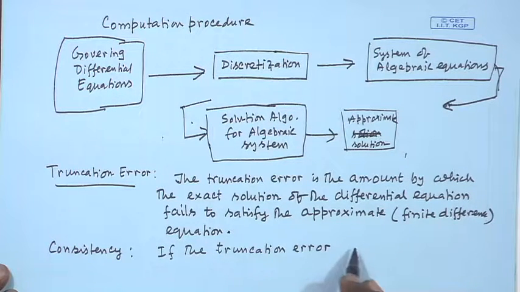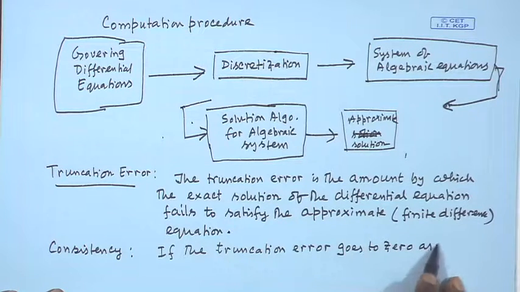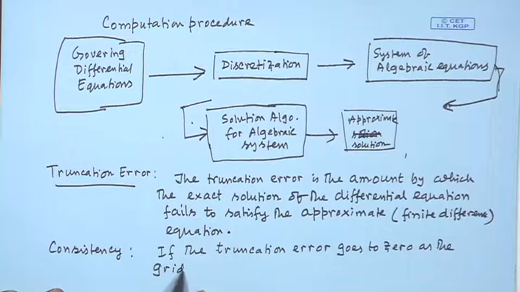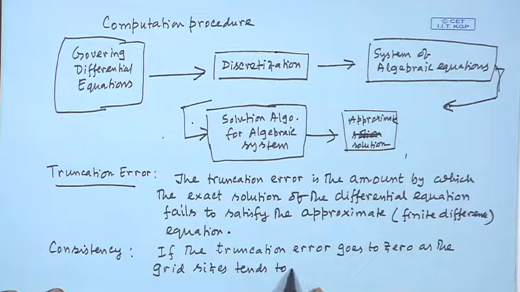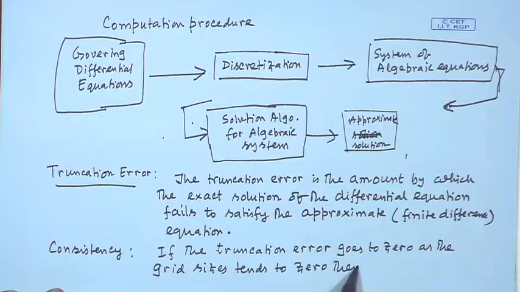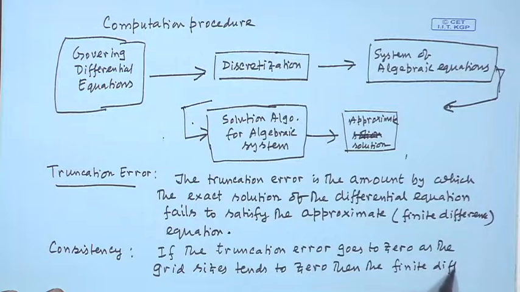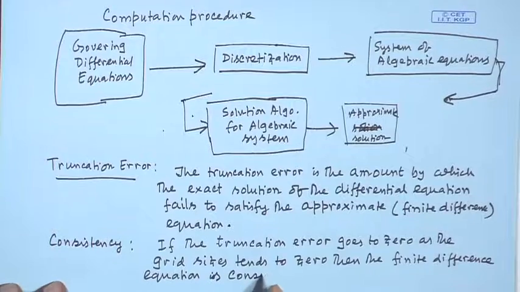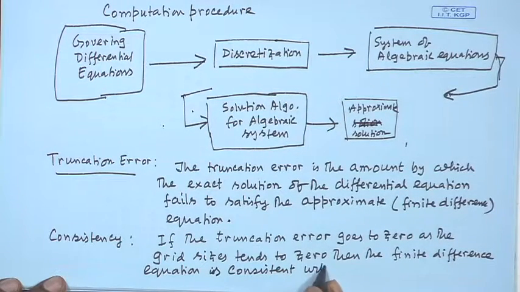If the truncation error goes to 0 as the grid size tends to 0, then the finite difference equation or the approximate equation is said to be consistent with the differential equation.